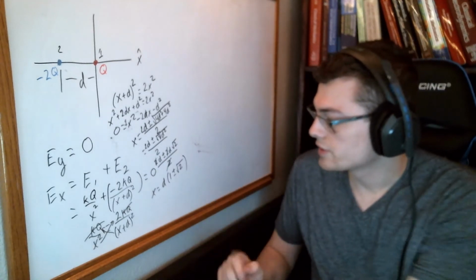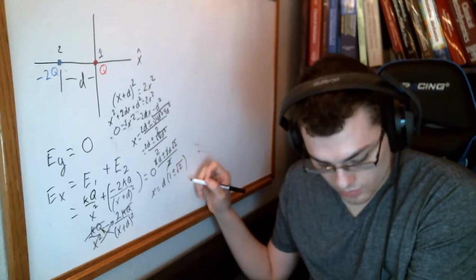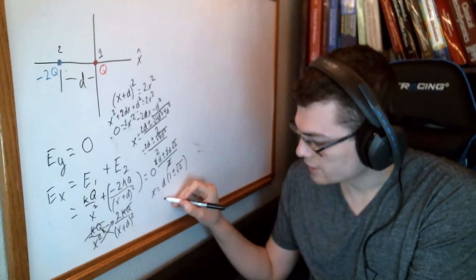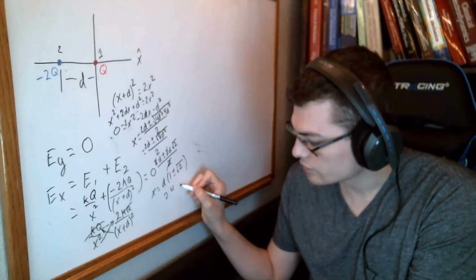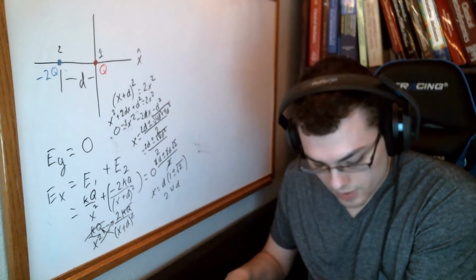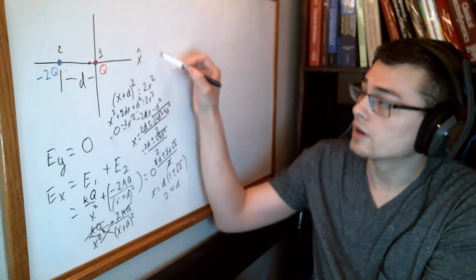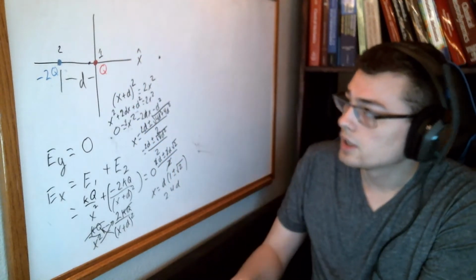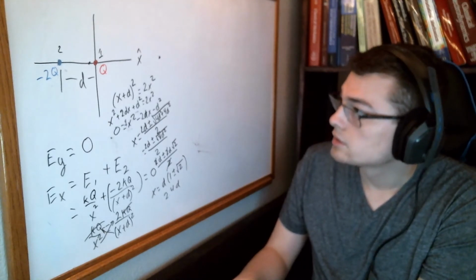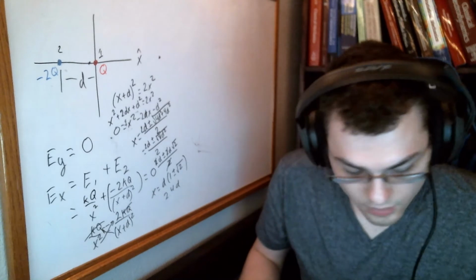So then when this is a plus, you'll get approximately 2.4d. And if it's a minus, it'll be slightly in between. So we're going to have one about here and then one about here. Okay.